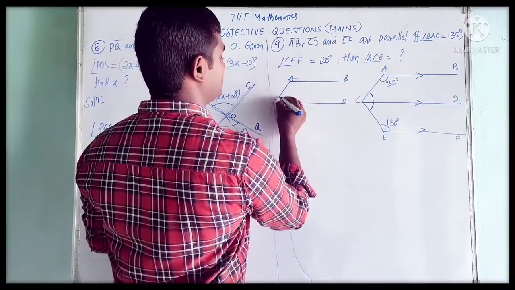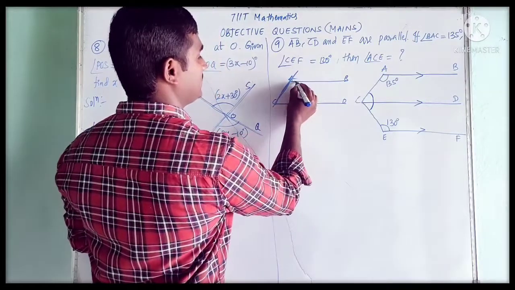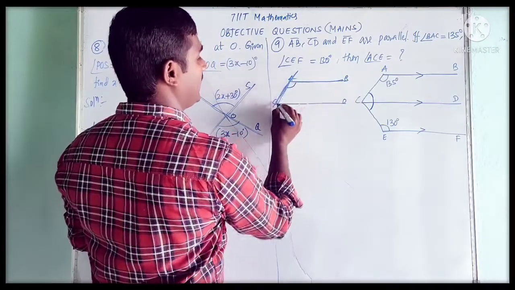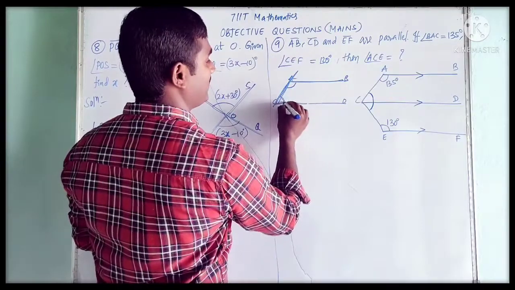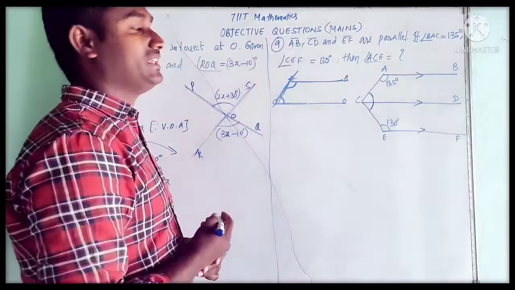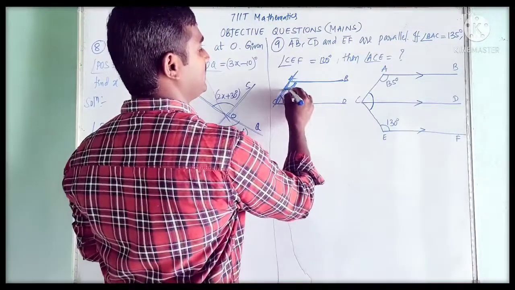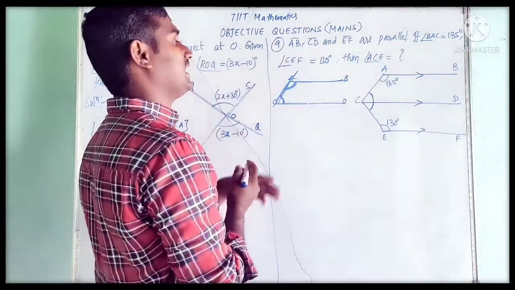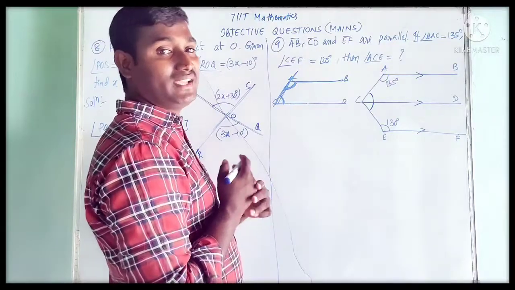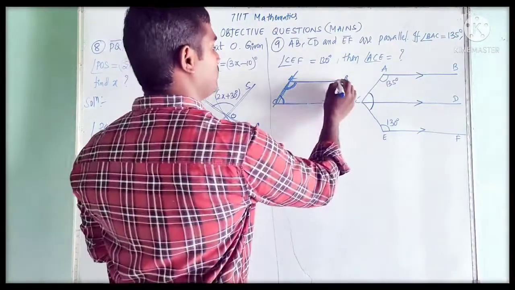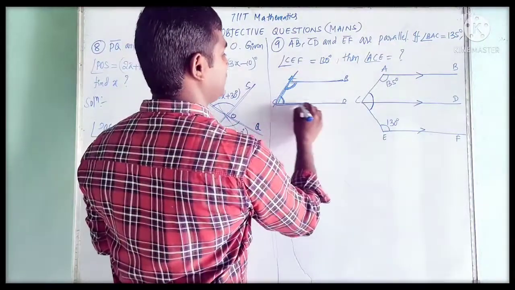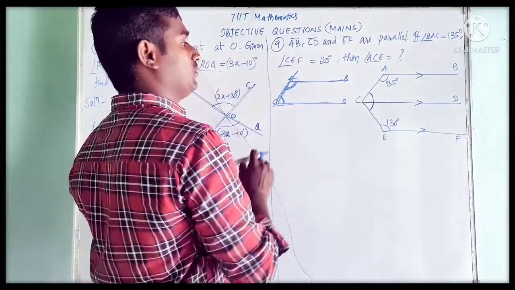If we assume CA is a transversal line, then the sum of angles BAC and ACD equals 180 degrees, because these are co-interior angles. The co-interior angles between two parallel lines add up to 180 degrees.